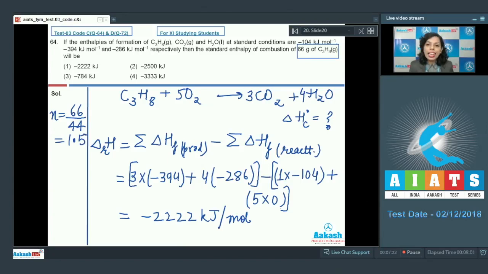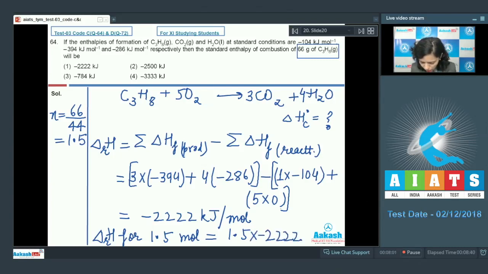So what would be the standard enthalpy of combustion of this? So the standard enthalpy for the reaction for 1.5 mole would be 1.5 into minus 2222.